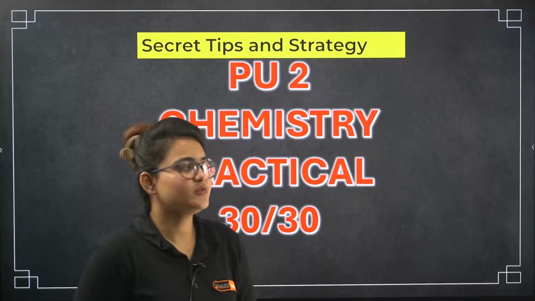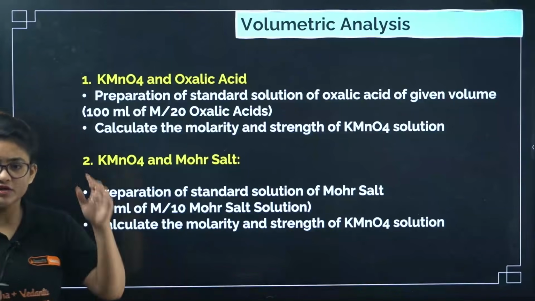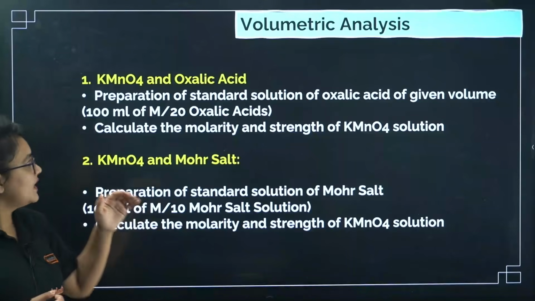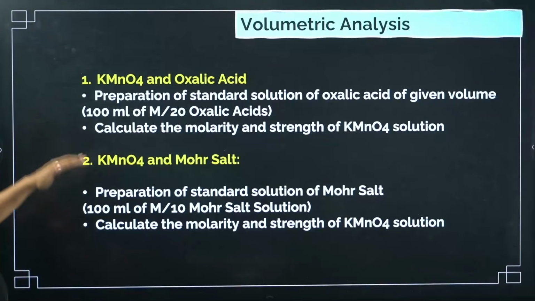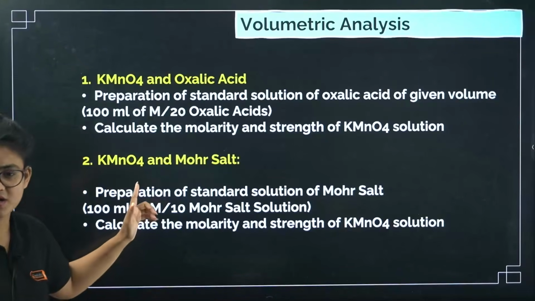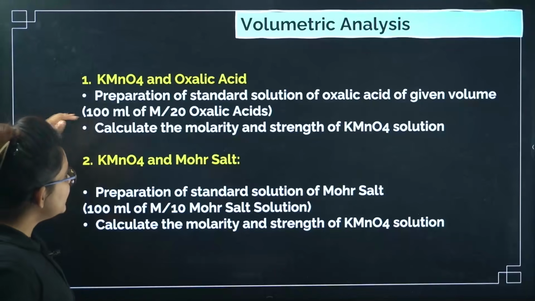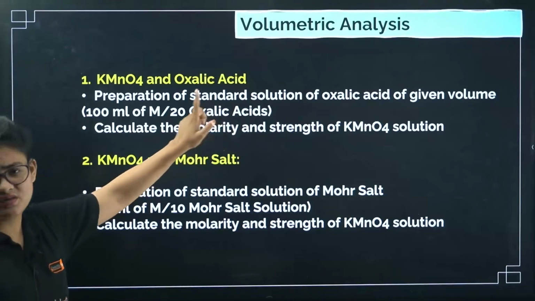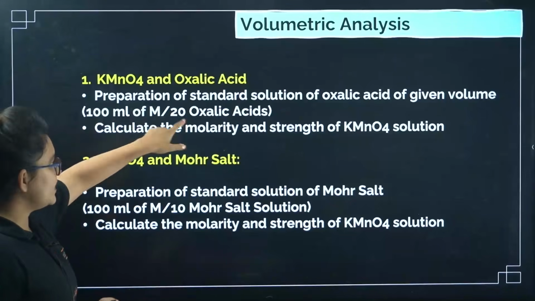First, in the volumetric analysis part, you can get two different titrations. Either you can get KMnO4 and oxalic acid titration, or you can get KMnO4 and Mohr's salt titration. Any one of them you will get. So you have to prepare the solution of oxalic acid, if it is given: 100 ml M/20 oxalic acid.